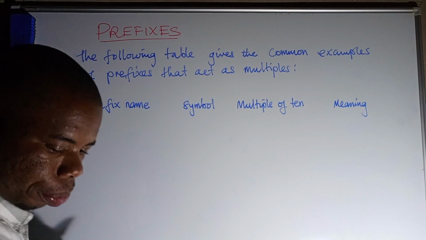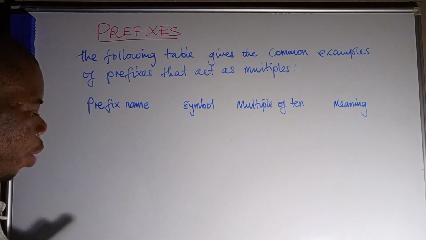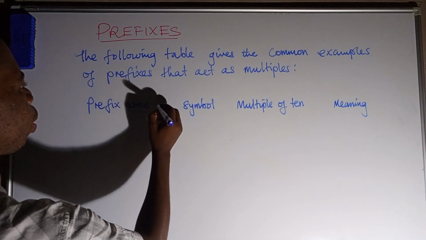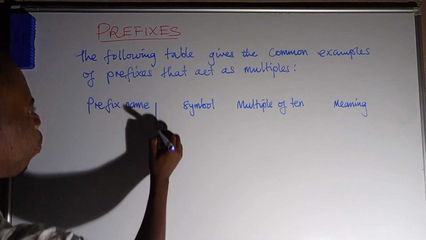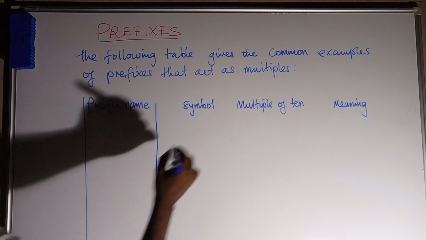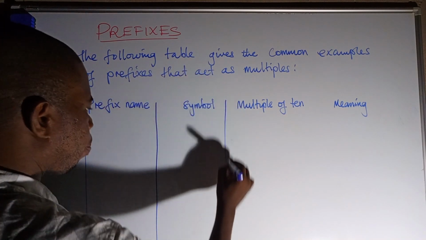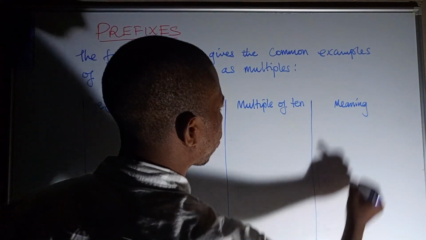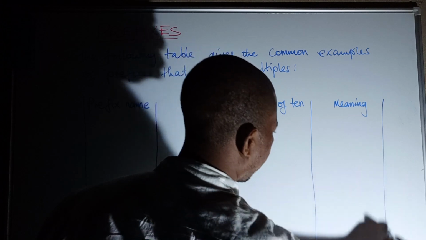So let us divide our table. We have here the name, then here we have the symbol, here we have the meaning.